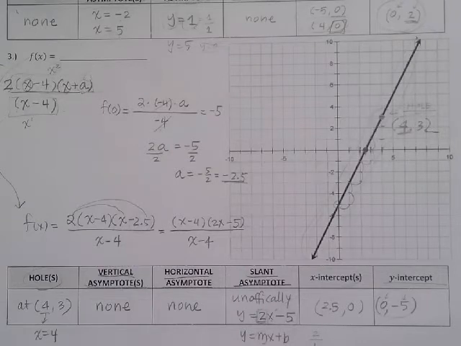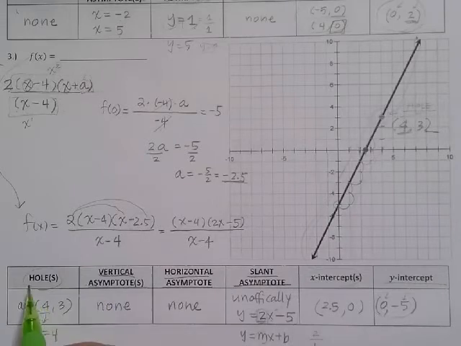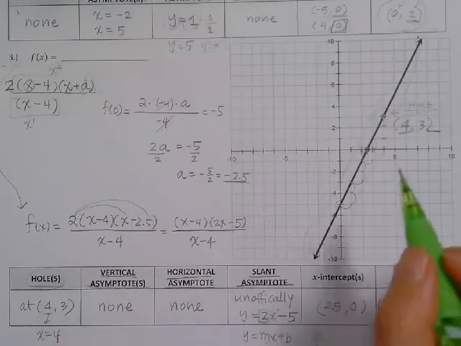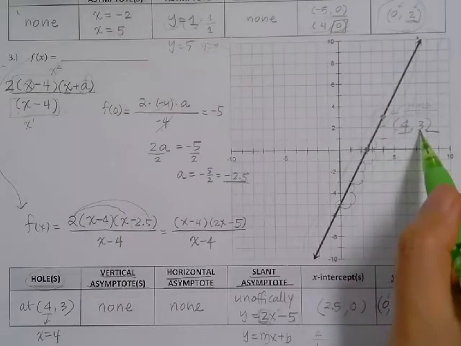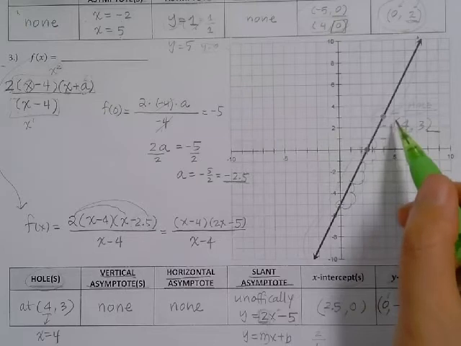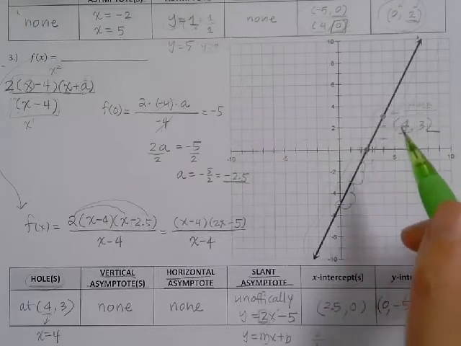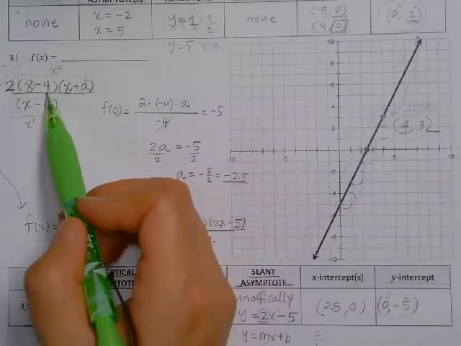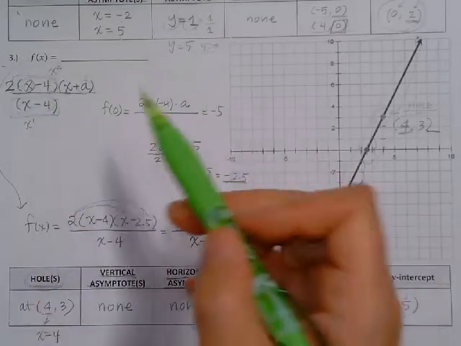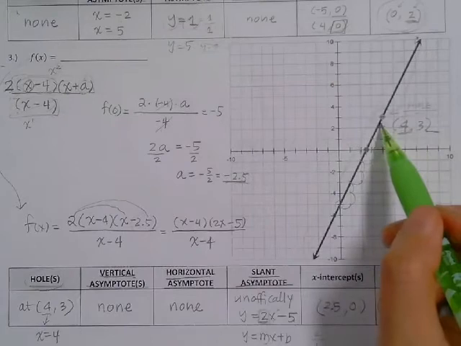Good. Any question? How did you get the first x minus 4s? Oh, because we had the hole, the discontinuity, where it was at 4, 3. Then you have to remember how we get the discontinuity. We're supposed to find the same factor top and bottom to cancel so that we can serve that fact as a hole.